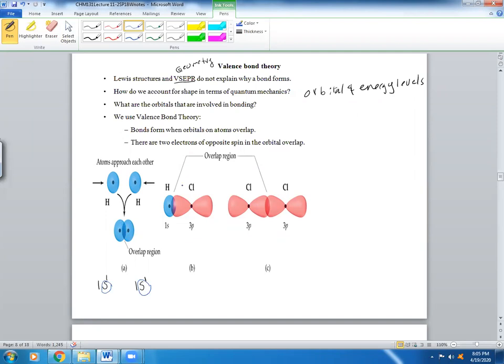We can look at the H and Cl when you form HCl. Well, this is the 1s for the H, and the 3p because that's the valence orbital for the chlorine.